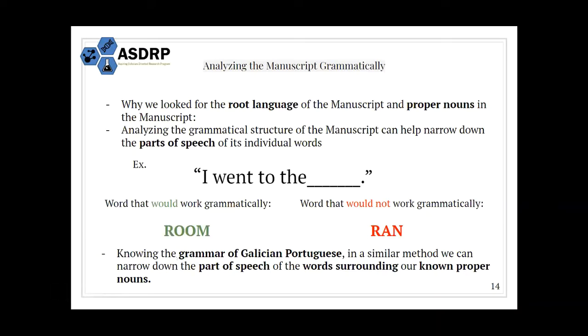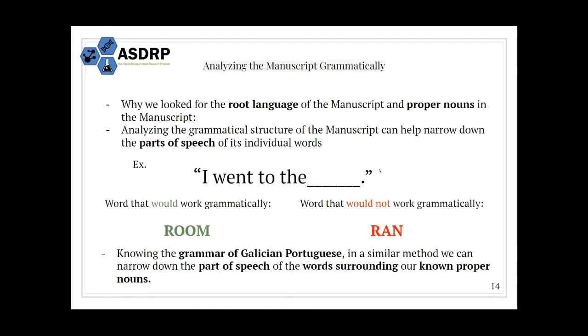In the future, we plan on synthesizing our results to help narrow down the parts of speech of individual words. Based on English's grammar rules, for example, after a past tense verb like ran, we can narrow down the words that follow.